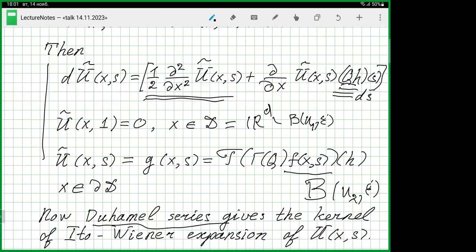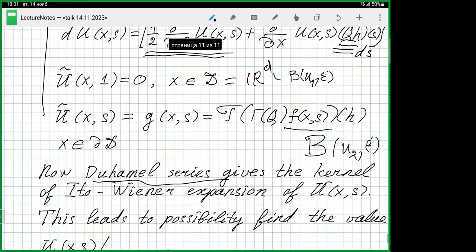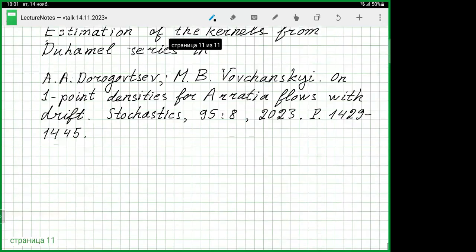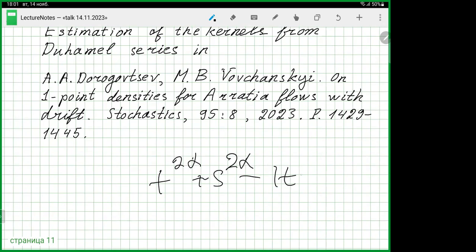So if we have a correlation function like t to the alpha plus s to the alpha minus |t minus s| to the alpha, then for alpha which belongs to (1/2, 1), it is an integrator, because the corresponding operator Q is a nice operator.